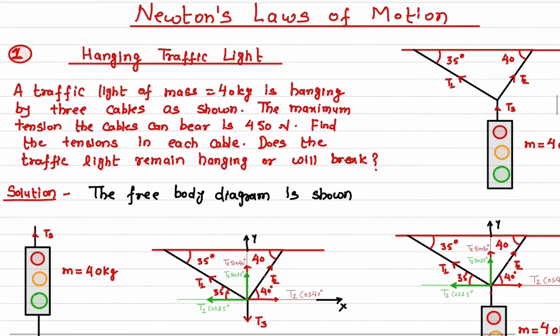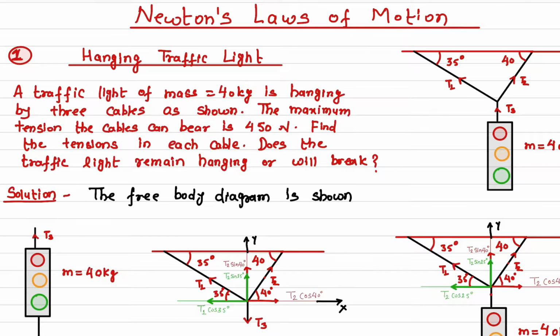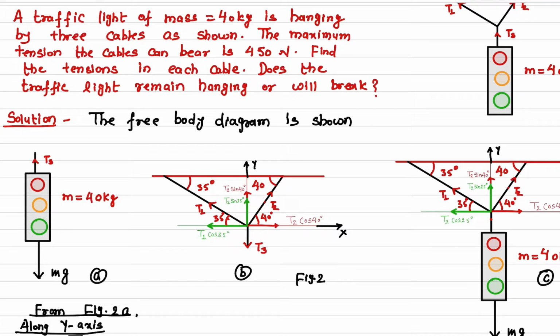But now here we're going to again draw the free body diagram at this point here. So if I just take this point here, the tension is downward. At this point, the total weight is mg, which is acting downward, or we can also say the tension T3.